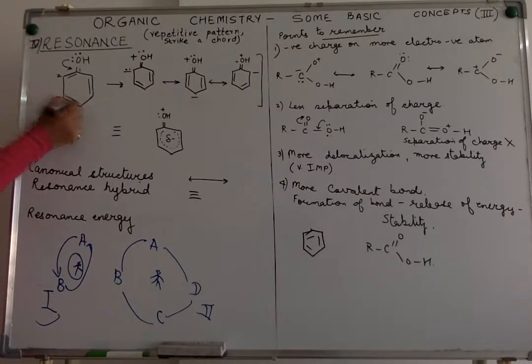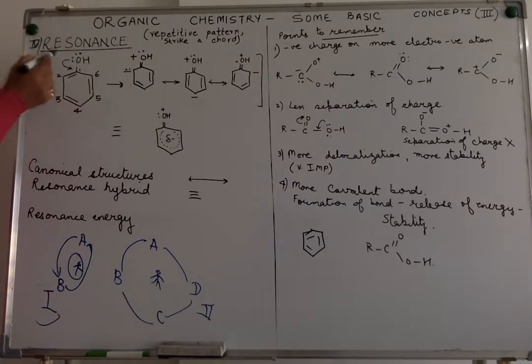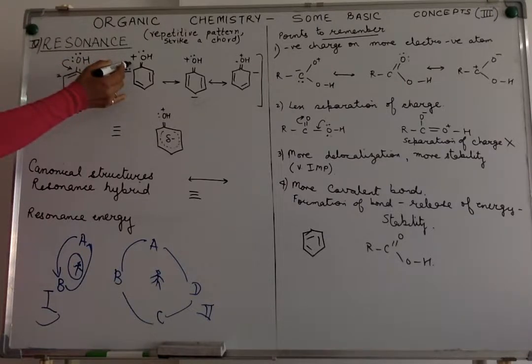In order to be able to understand clearly, we will number the carbon atoms 1, 2, 3, 4, 5 and 6. Now this carbon number 1 forms a double bond with the oxygen atom. Because oxygen has shared its lone pair of electrons with the carbon, it acquires a positive charge.